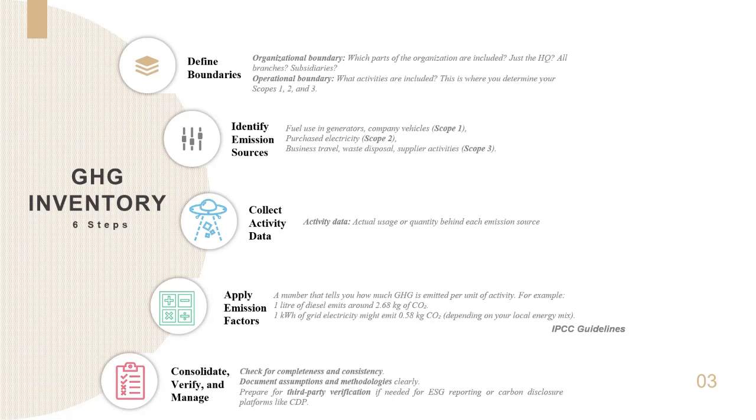Once you have the data, you multiply each activity by its emission factor, a number that tells you how much GHG is emitted per unit of activity. For example, a liter of diesel emits around 2.68 kg of CO2.